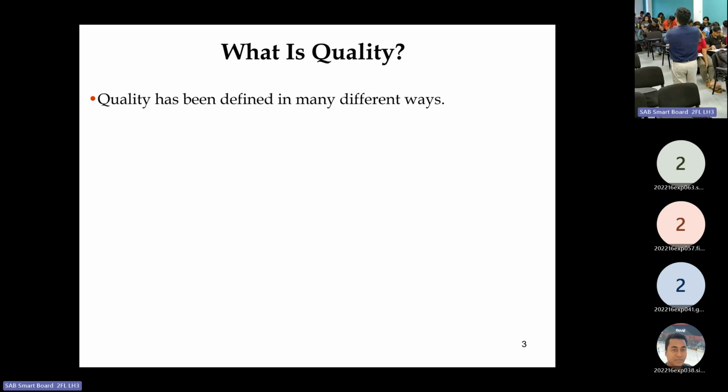Write one or two ways, a simple description of the meaning of quality.